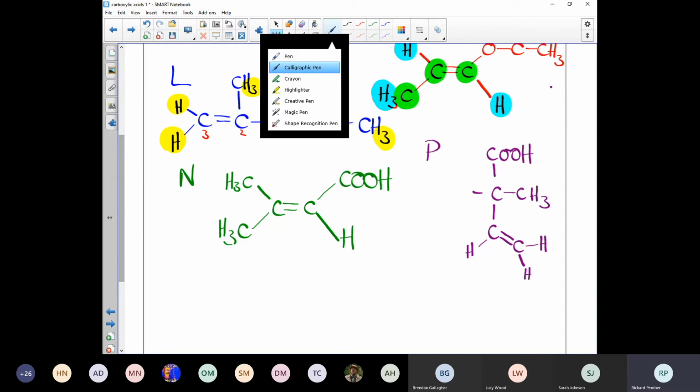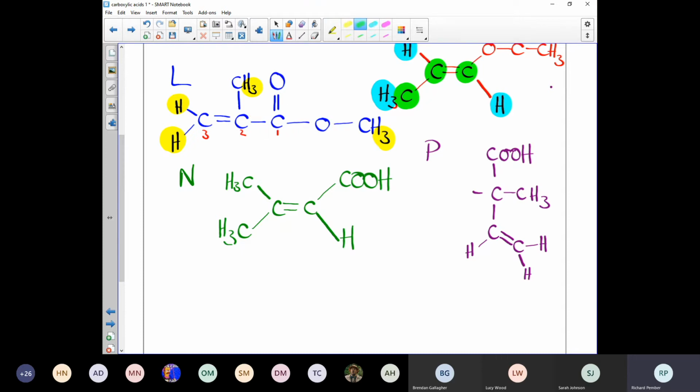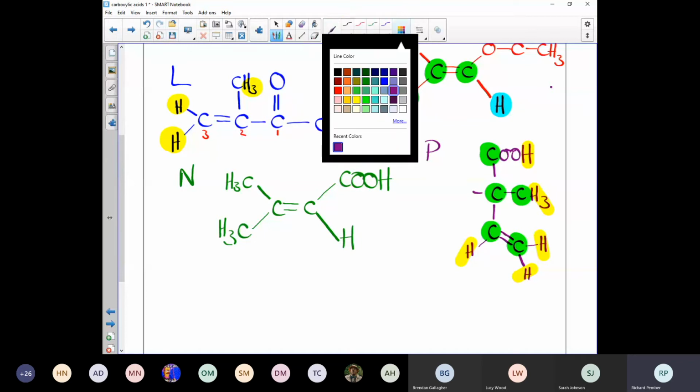So let's just have a quick count up. So we've got 1, 2, 3, 4, 5. So I've exhausted all my carbons. 1, 4, 5, 6, 7. So 1 hydrogen left. Well, isn't that fortunate?